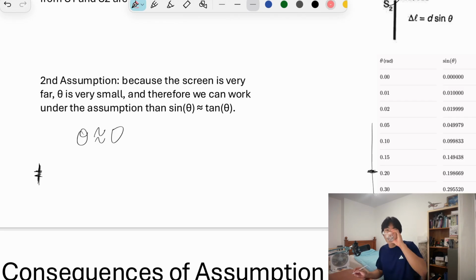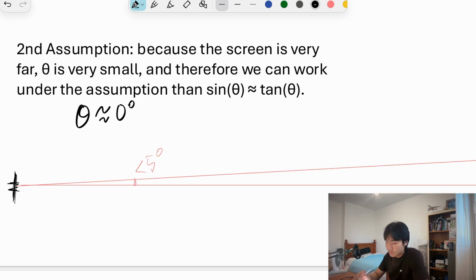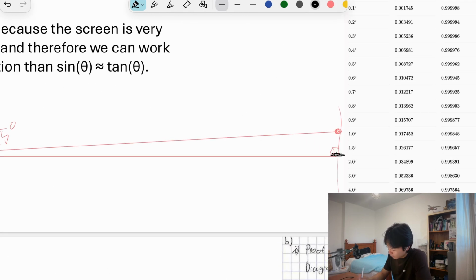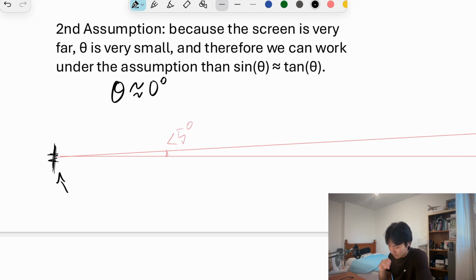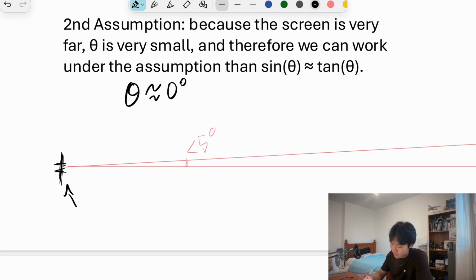Imagine this is the setup: this is the double slit, and this is the wall, the screen that you're going to be observing the interference pattern at. And as I mentioned yesterday, theta in reality is very, very small.